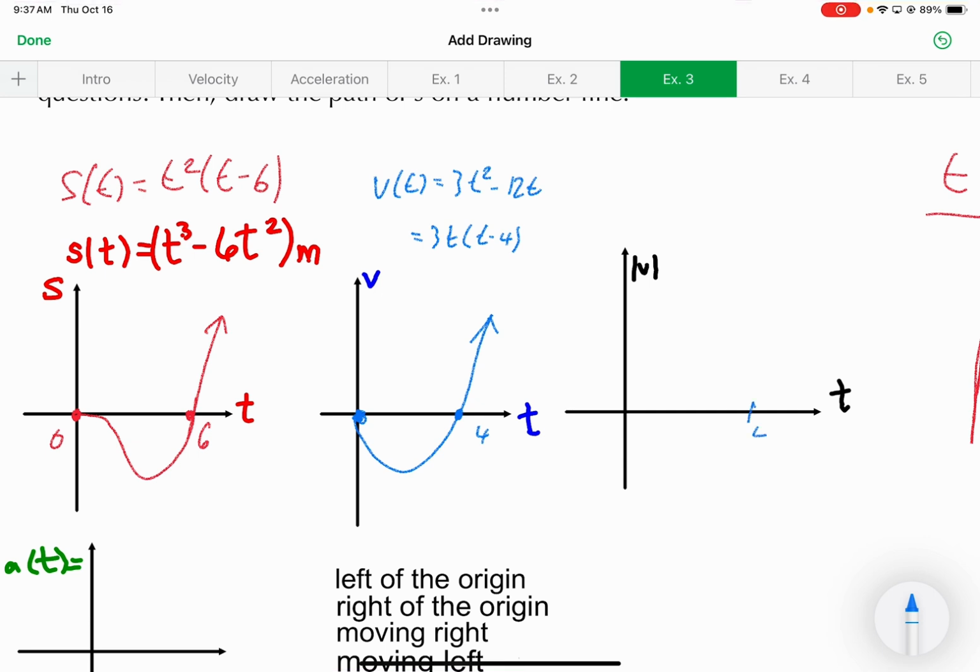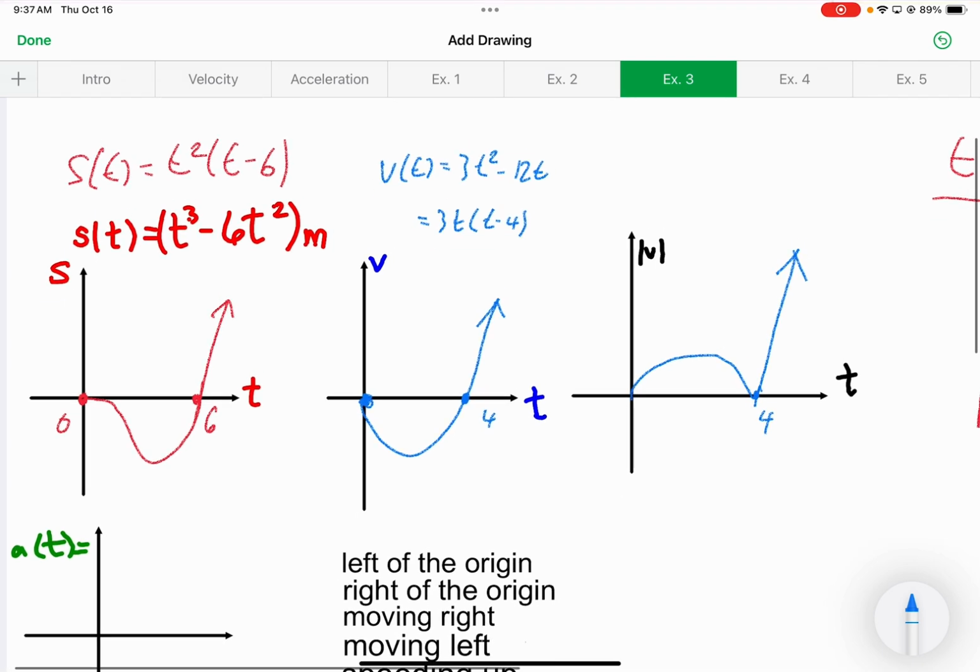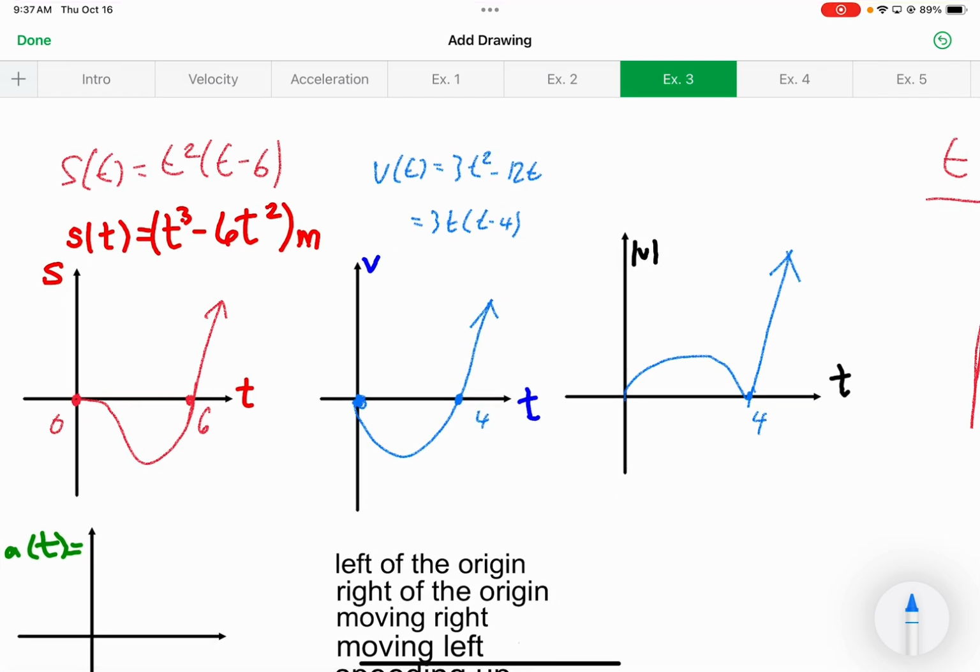So I still have the important point of 4, but my graph, instead of going down, is going to look something like this first, and then it's going to go like that.